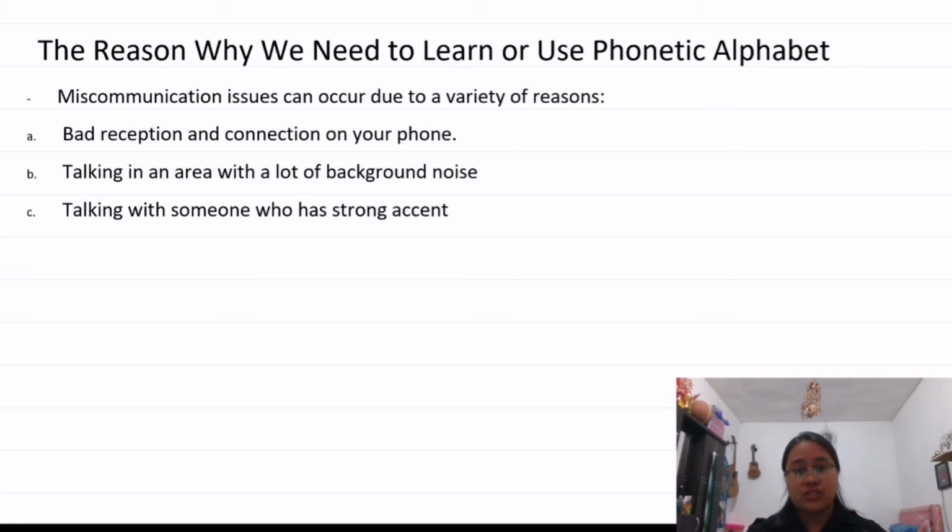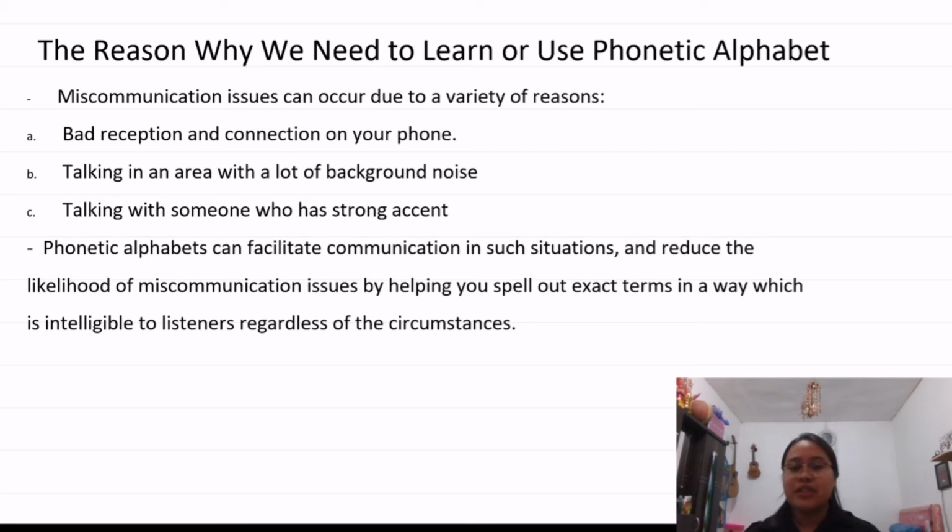Such issues are especially frustrating and problematic if you are trying to communicate an exact term, such as a name, a street address, or a serial number. You need to use the phonetic alphabet. Its purpose is to ensure that letters are clearly understood even when speech is distorted or hard to hear.